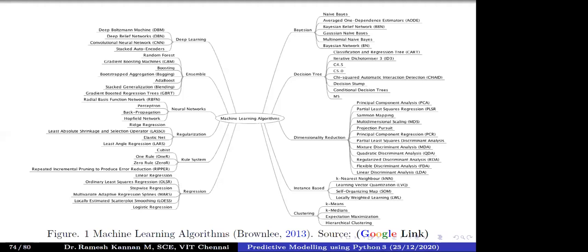So it has the decision tree, the Bayesian model, and dimensionality reduction, like the principal component analysis. Then instance-based is k nearest neighbor, KNN, and clustering, and k-means, k-median, regression, rule-based, and regularization, neural network.